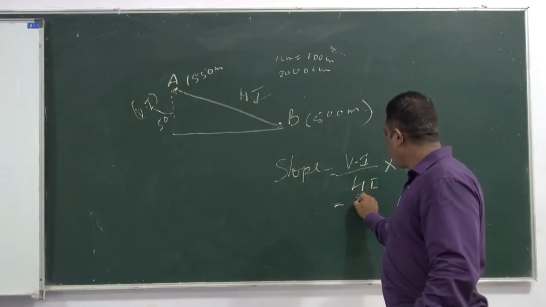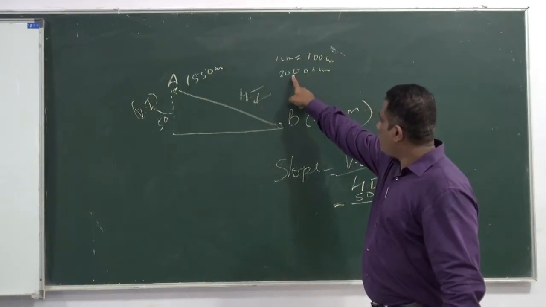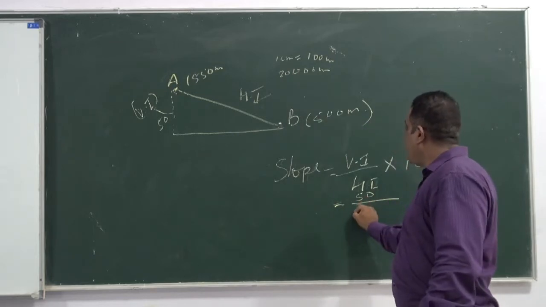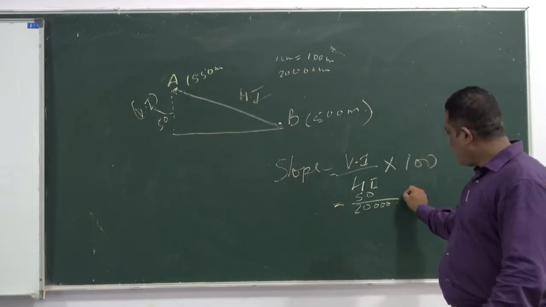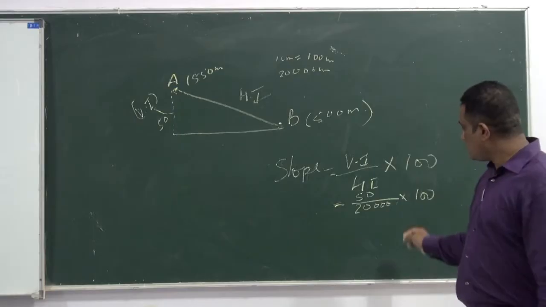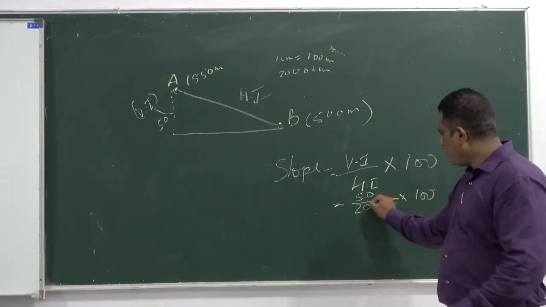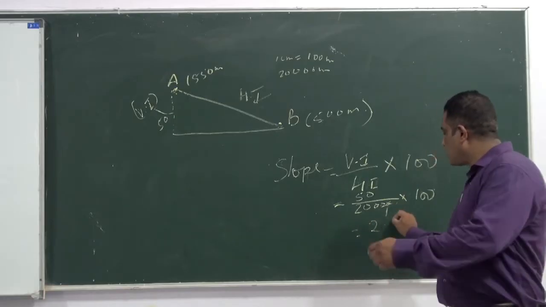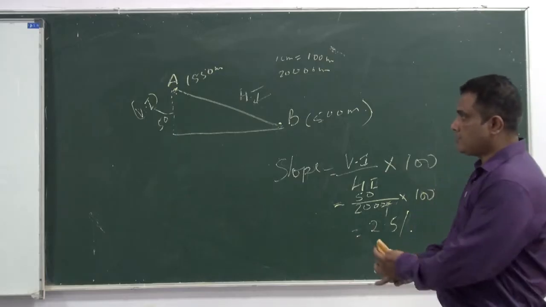Vi is 50 meters, and the horizontal distance, we have found out, is 20,000 meters. The slope, represented in terms of percentage, is 50 by 20,000, which is 0.25 percent. This is how you find the slope of any place.